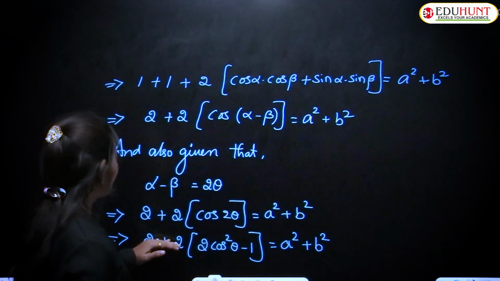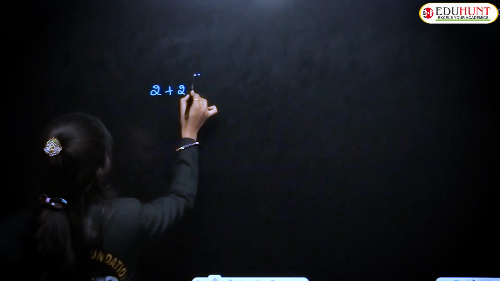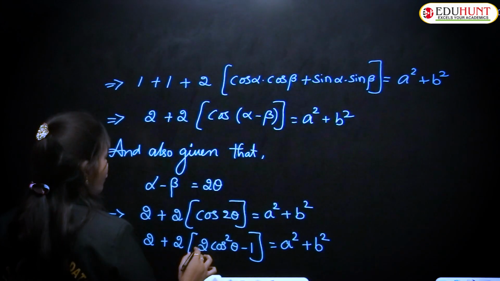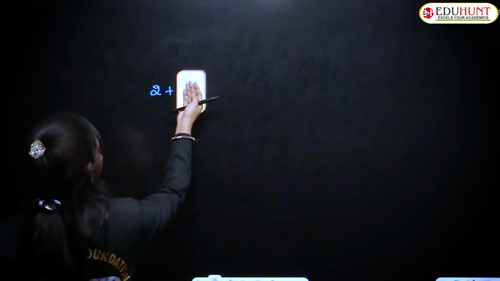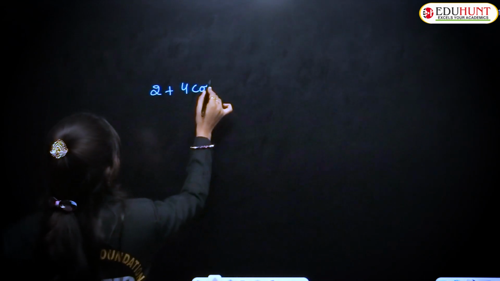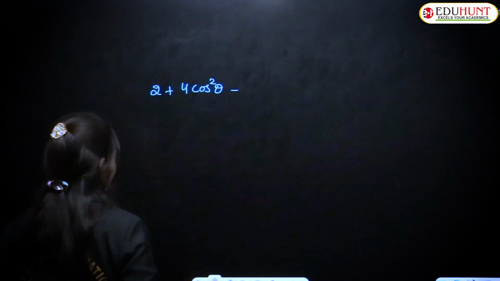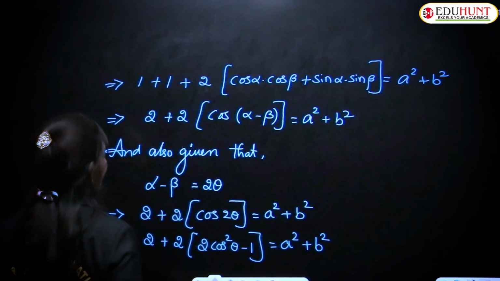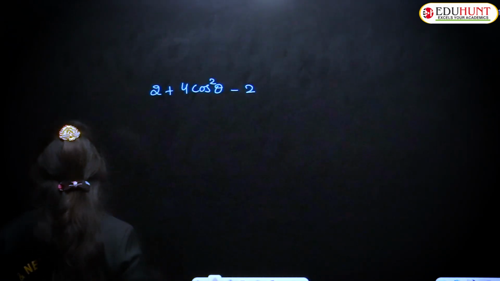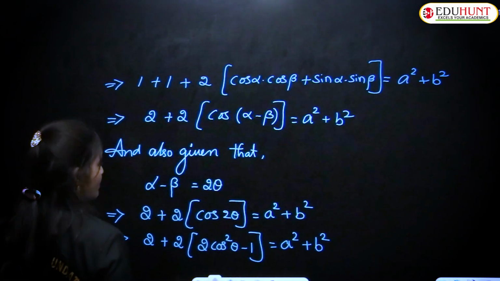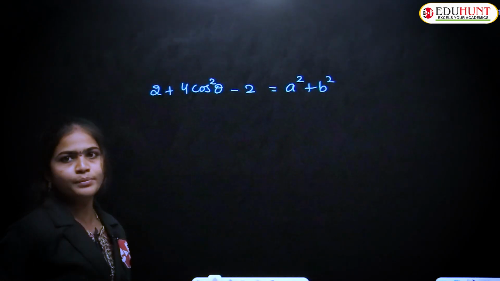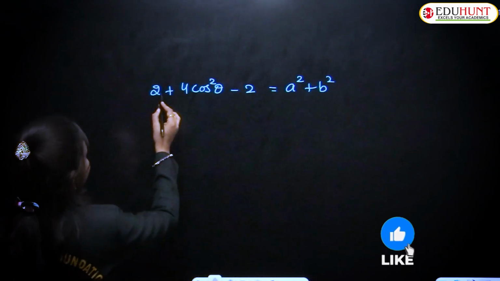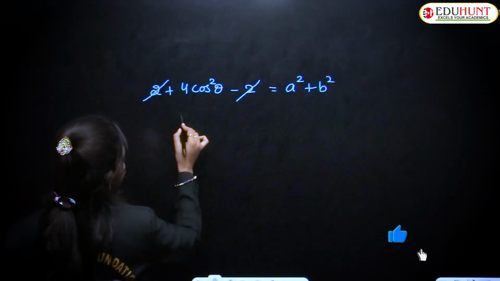So from this, 2 plus 2 into 2 cos square theta, which is 4 cos square theta, minus, and here 2 into minus 1 is minus 2, which is equal to A square plus B square. Understand? So from this, here plus 2 and minus 2 get cancelled.